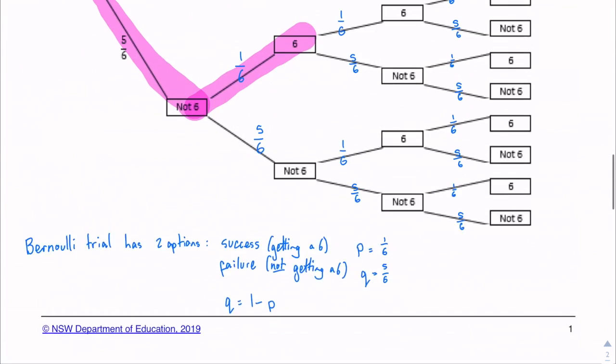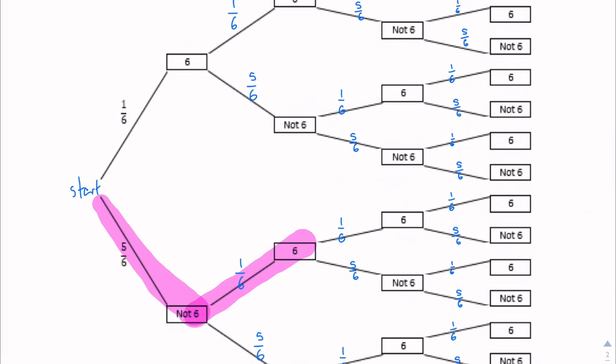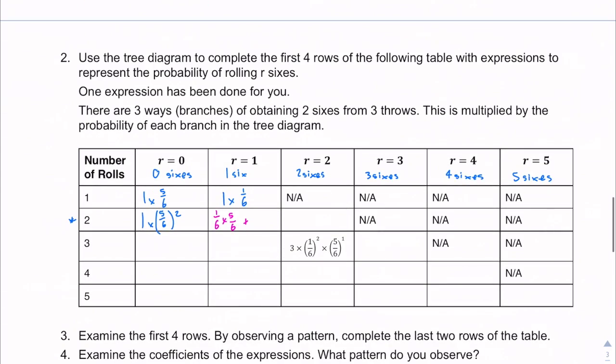But there was also another option for this, because we could have had a 6 to start with and then lost it. So then we could have had 1/6 times 5/6 again. So this comes out as two lots of 1/6 times 5/6.